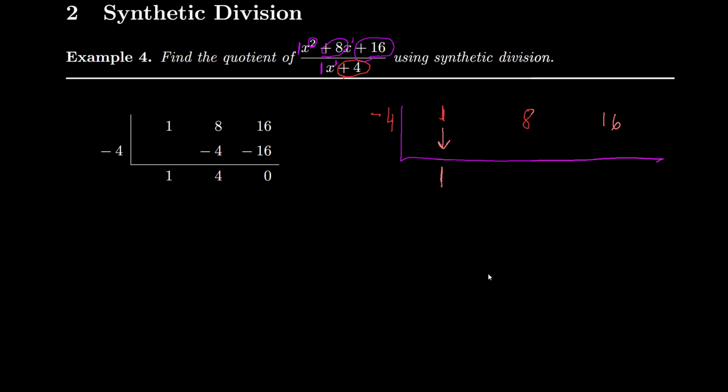So here's how this pattern works. What we're going to do is we're going to take this number, always this number, and we're going to multiply it by this number down here. So we're going to say negative 4 times, you don't have to write the times when you're doing it, nor do you have to draw the arrows. I'm just doing that to show you this. So negative 4 times positive 1 is negative 4.